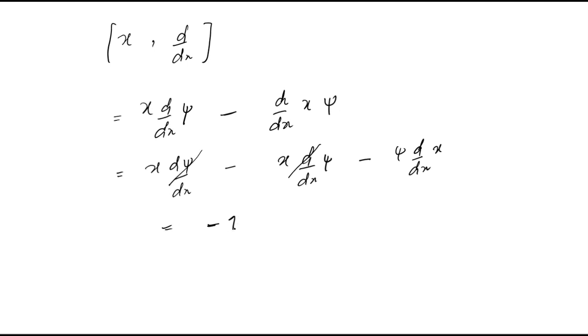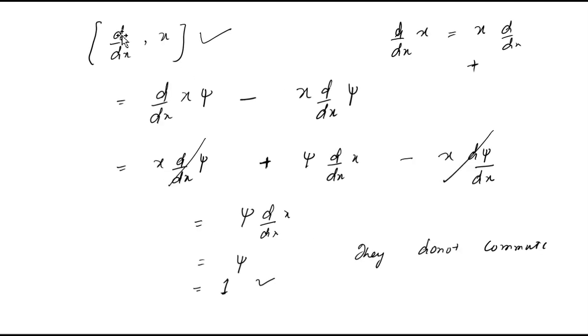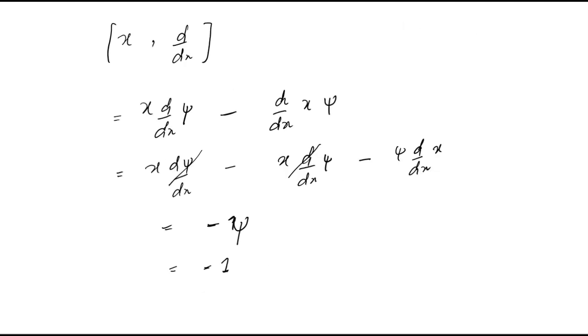If we take the function out, we get minus psi, so the commutator is minus 1. So now we know the commutator of d/dx and x is plus 1, and the commutator of x and d/dx is minus 1.